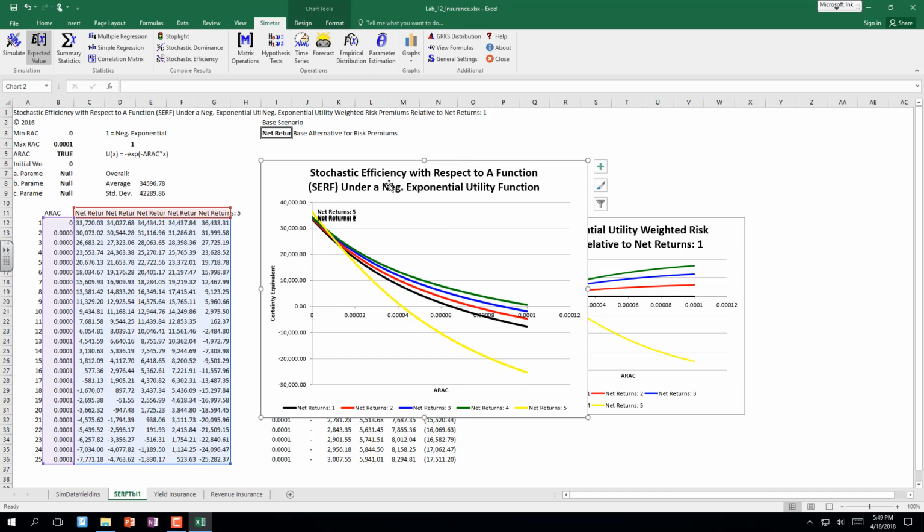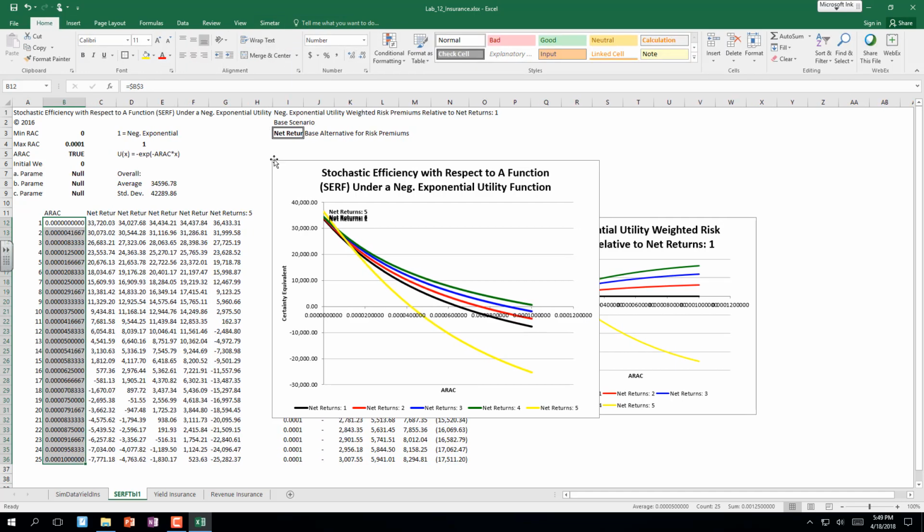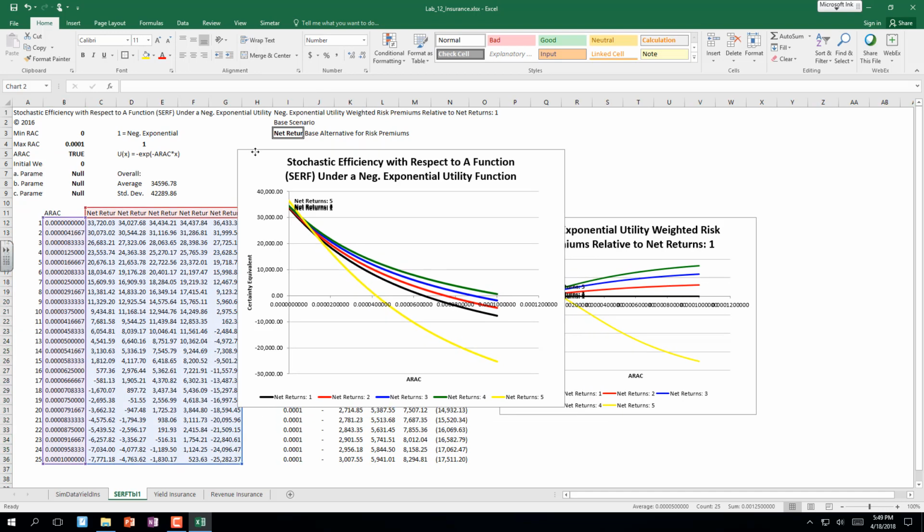Now, I had several people ask me, so I'm going to talk about this right now. If you have these charts overlapping each other, these lines, where you really can't tell one portfolio from another for ranking because the lines are so close together, which you've done a really good job of.